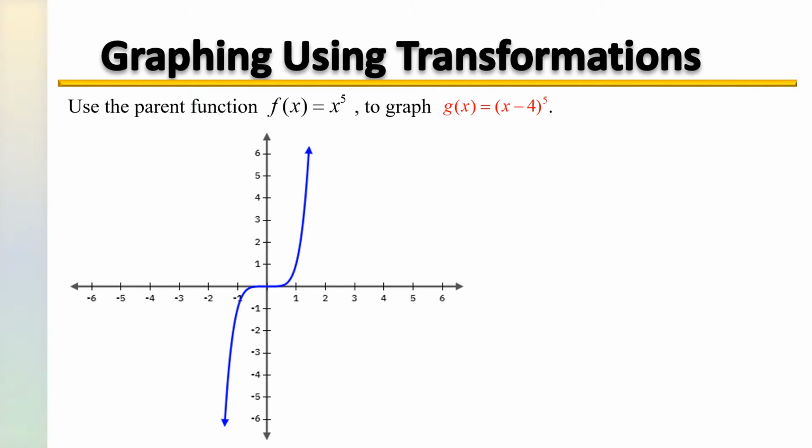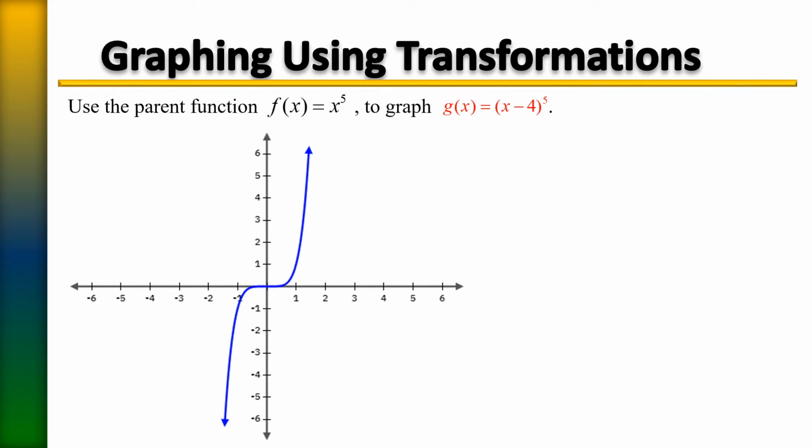Here we have a quintic function, f of x equals x to the 5th power, and notice this time that the value is within the function, and your 5 now is here on the outside, and with x within the function you see minus 4. This indicates a horizontal shift, and everything about horizontal shifts is always opposite what it seems.